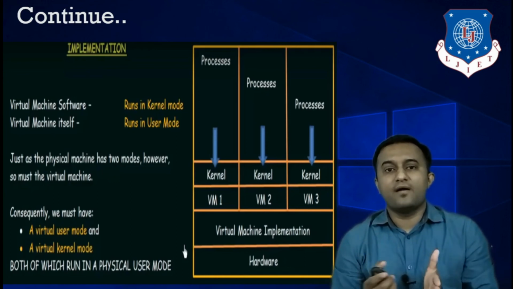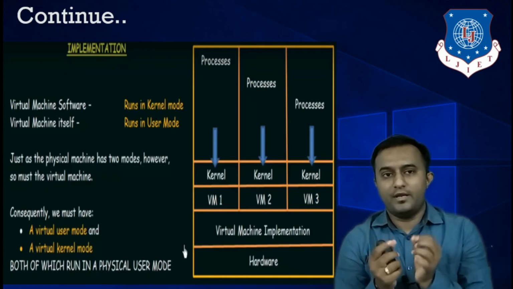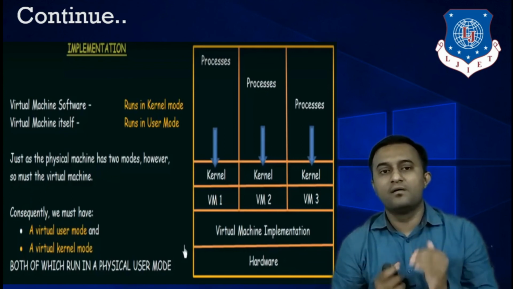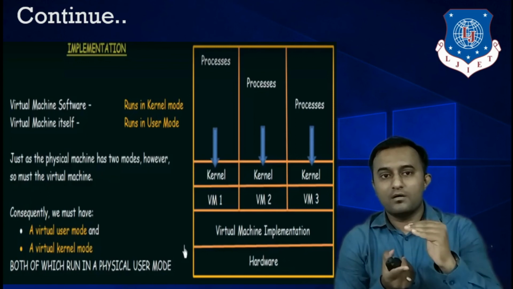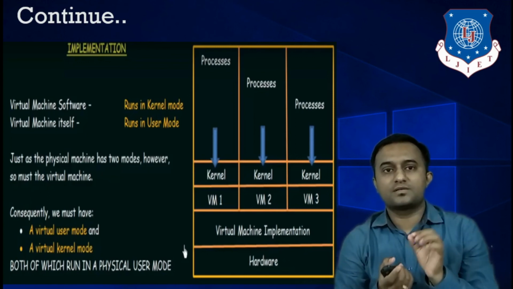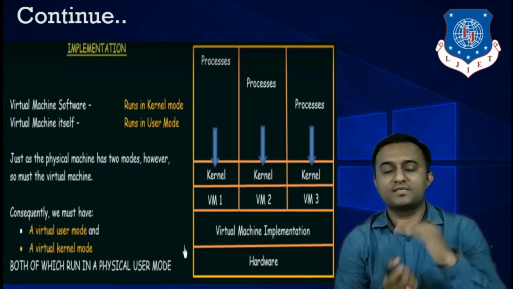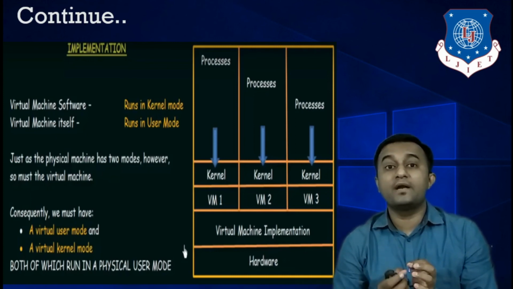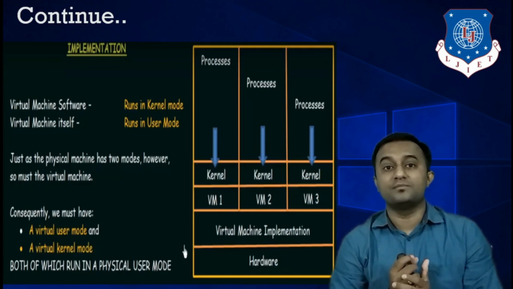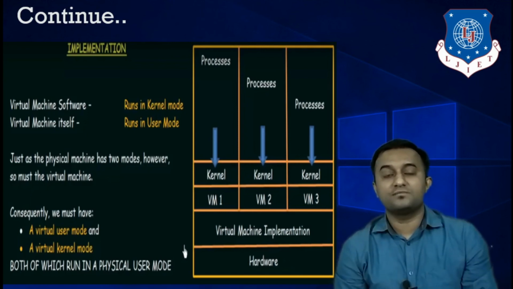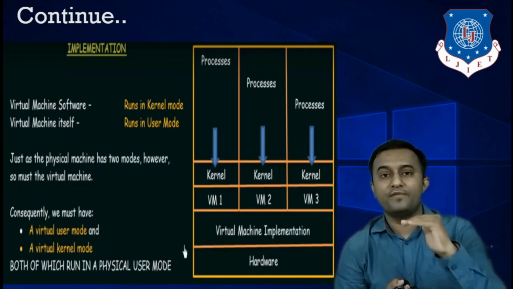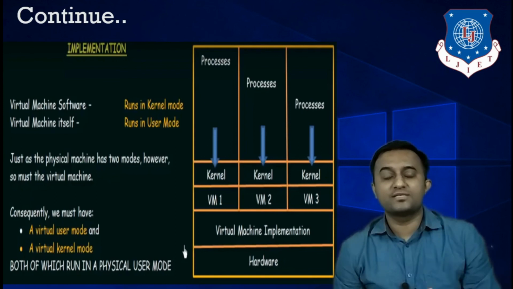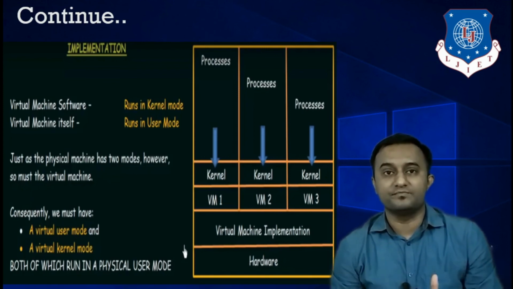Consequently, in the case of each virtual machine, this kernel mode and user mode we have discussed so far is talking about the general scenario. But if you look at a particular virtual machine, you can see the first block of VM1, which contains the processes and kernel of VM1, looks like one single operating system.